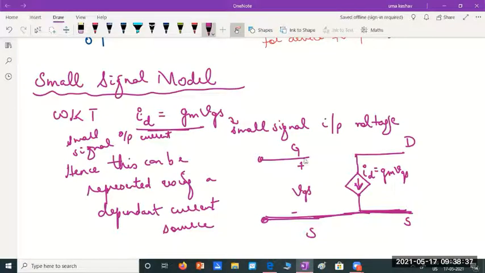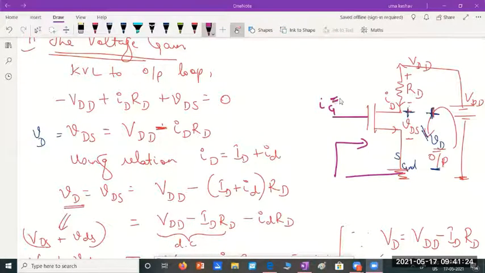And can you tell me what resistance I should include between gate and source? Remember, it is a well-known fact that the gate current is zero. The gate current will be zero in a MOSFET. So what should be the resistance?